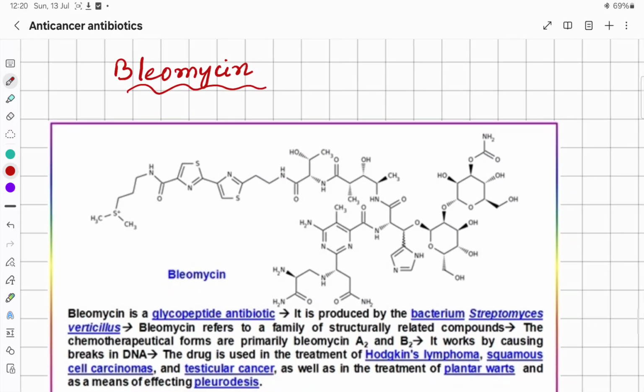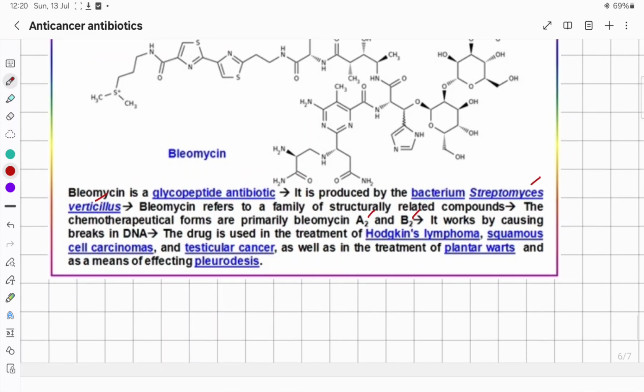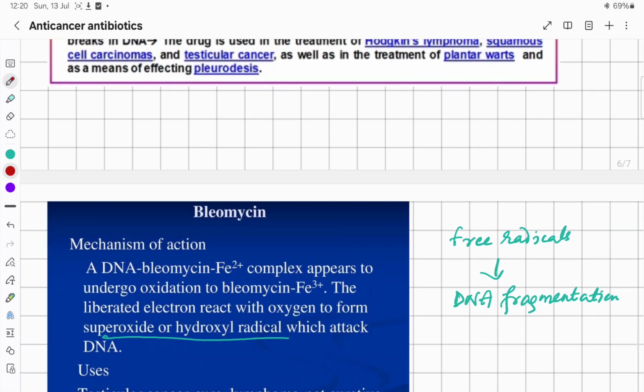Then finally we have the glycopeptide antibiotic, that is bleomycin, and it is called an antibiotic because it is derived from the bacterium Streptomyces verticillus. It refers to a family of structurally related compounds, basically bleomycin A2 and bleomycin B2. In its mechanism of action, it causes fragmentation and breakage of DNA by generating free radicals.